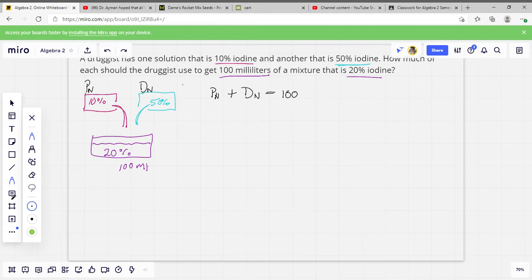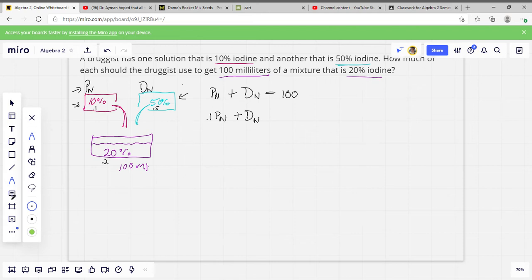Alright, so then we're going to change these percents to a decimal. So 10% would be 0.1, and 50% would be 0.5, okay? And 20% would be 0.2. So we're going to say 0.1 times our pour number, right here. And our dump number is 0.5.